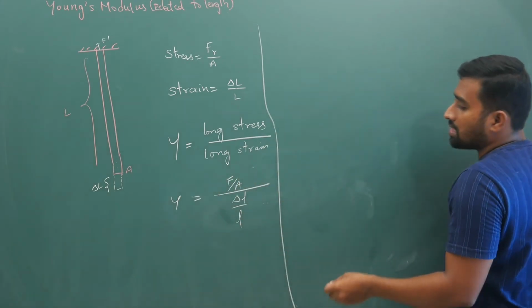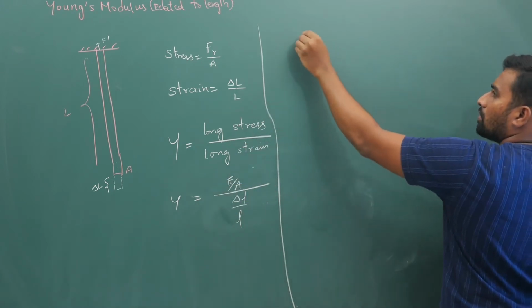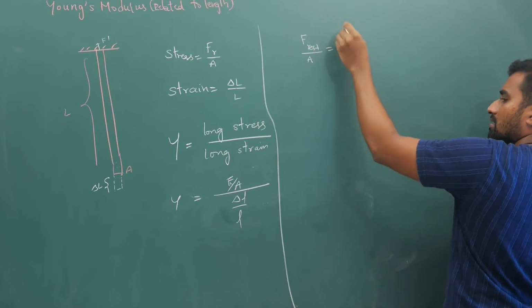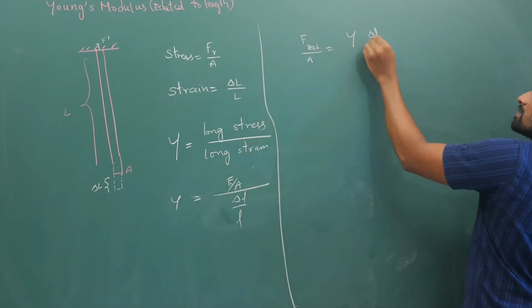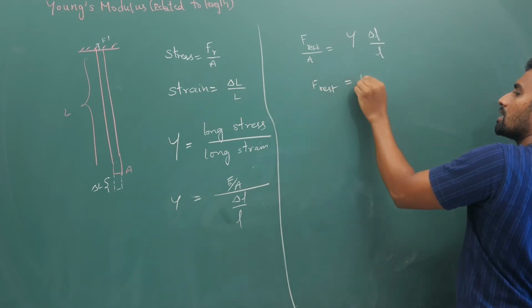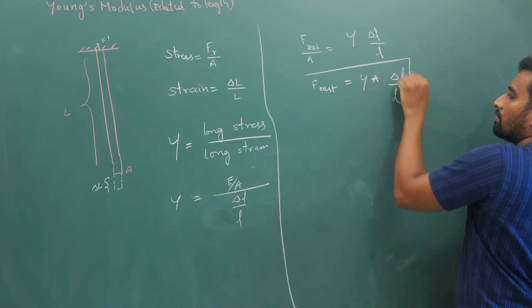So your restoring force by area is Young's modulus times delta L by L. Your restoring force is Y into A into delta L by L.